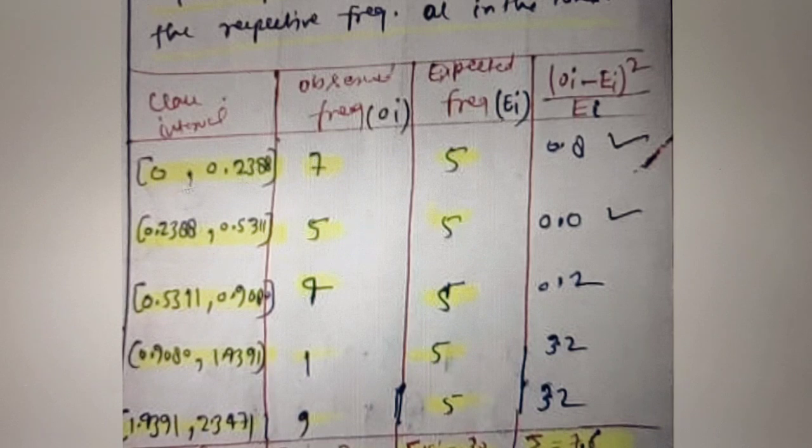in 0 to 0.2388. Here I have already calculated that 7 records lie in it.